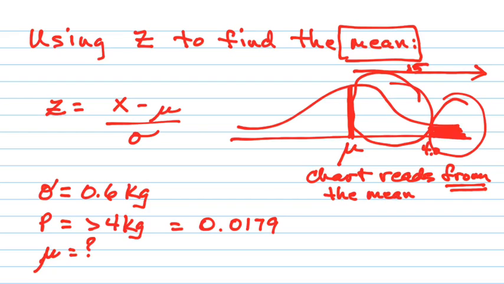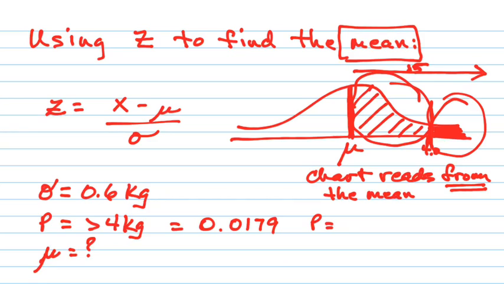So my chart is going to give me this diagonally shaded region, but I need to find this number. To do that, I'm first going to find that piece.